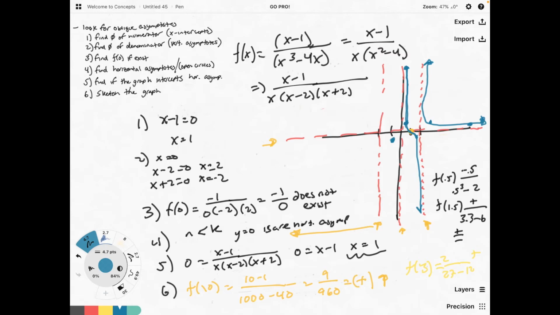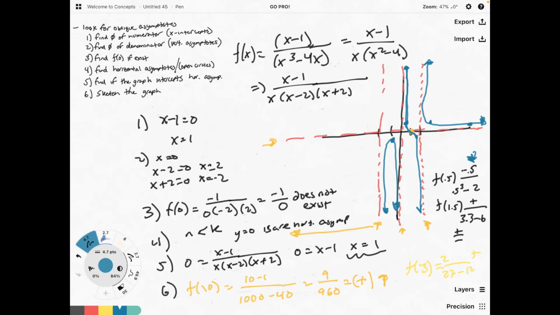So that's really a negative in the numerator divided by a positive in the denominator. So we know that it's going to go down this way. And similarly, if we plug in that negative 0.5, it's going to be essentially what we just did over here. So we also know that that's going to be negative as well. So that means this graph goes down here.